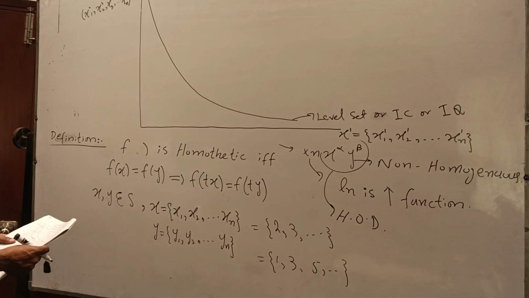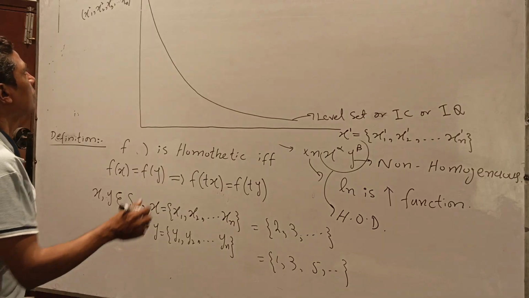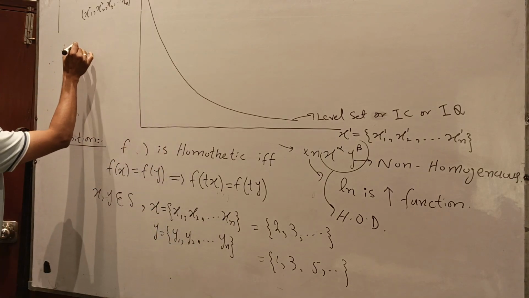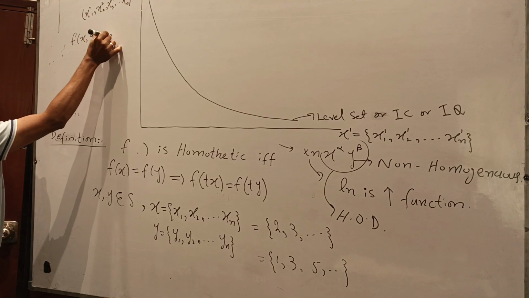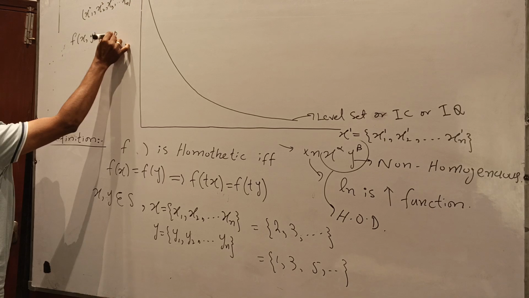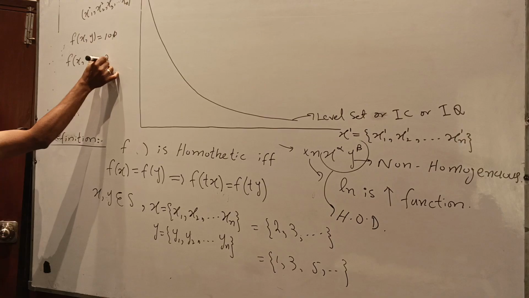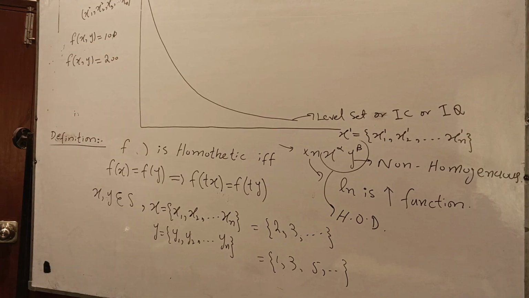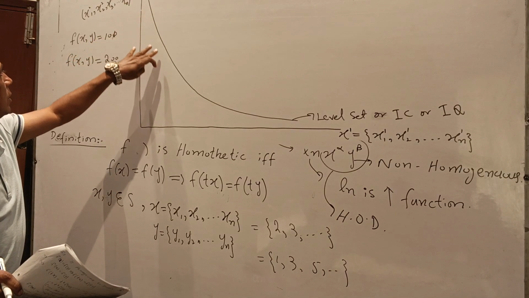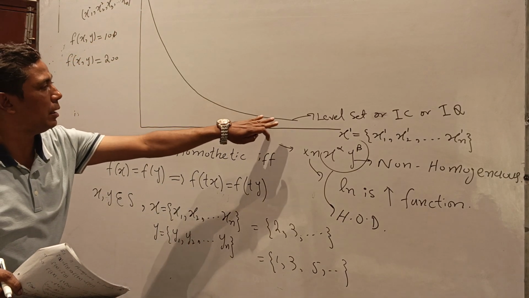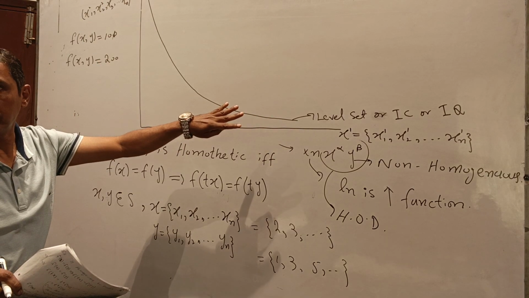And we select f(x, y) equal to 100 and f(x, y) equal to 200. Okay, if f(x, y) is 100, it lies on this level set. Clear?